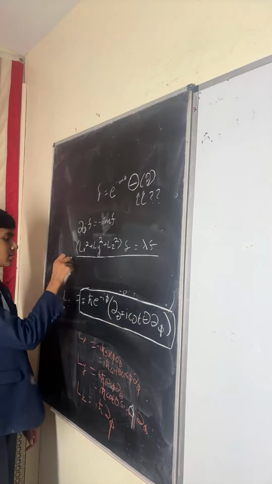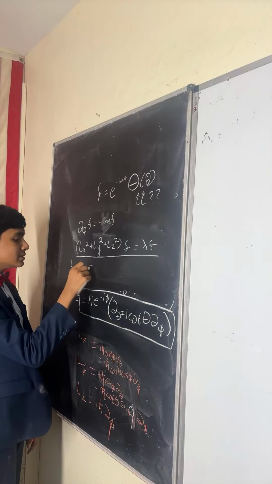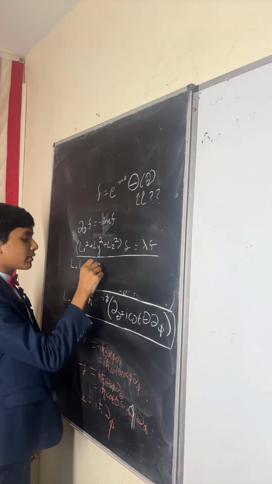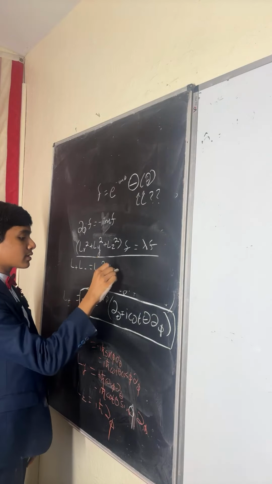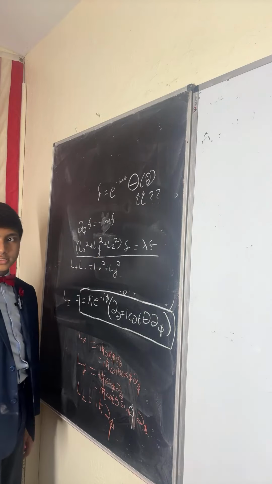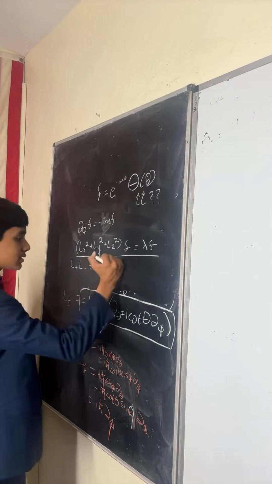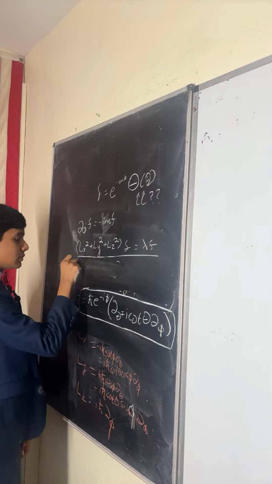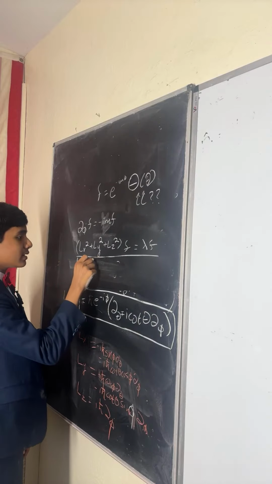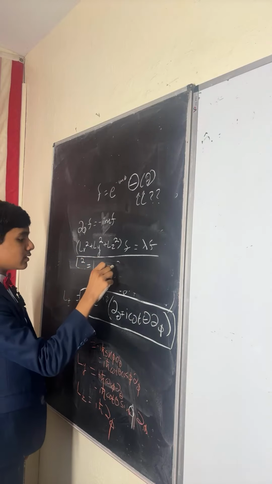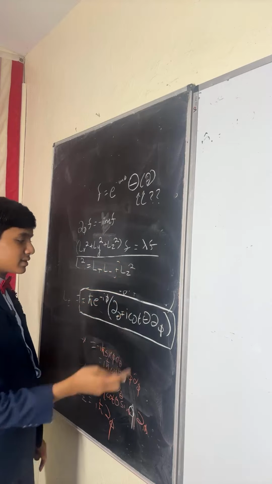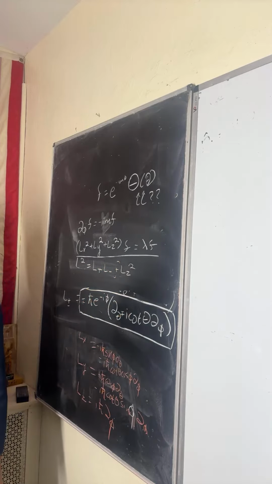L plus times L minus is equal to Lx squared plus Ly squared, since these two are complex conjugates of one another. So, what we can know is that L squared at the end of the day can be written as L plus L minus plus Lz squared, essentially. It's pretty much that simple.